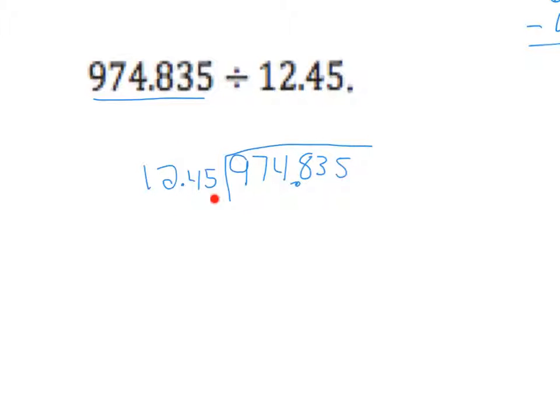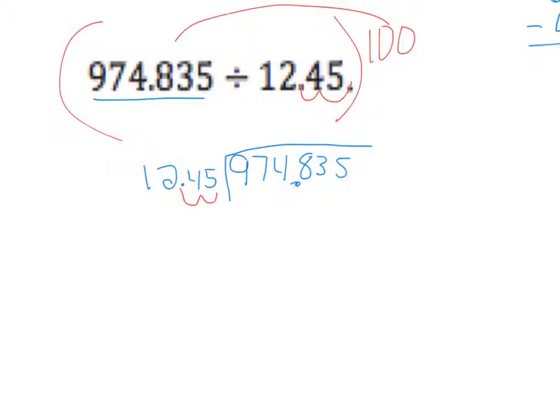So if we multiply by 100, that moves the decimal over 2 places. So if we multiply everything by 100, it moves this over 2 places. But if we move this over 2 places, then we also have to multiply this by 100, which also moves this over 2 places.